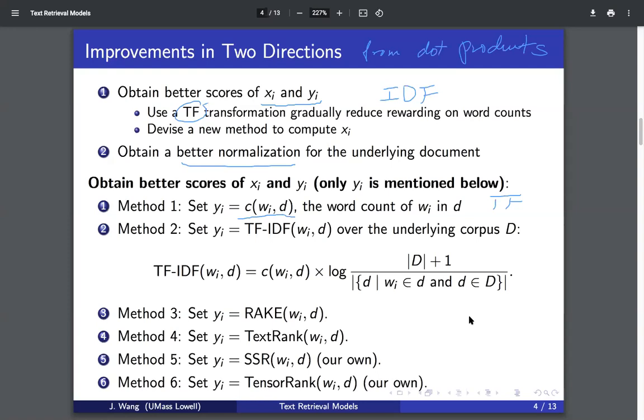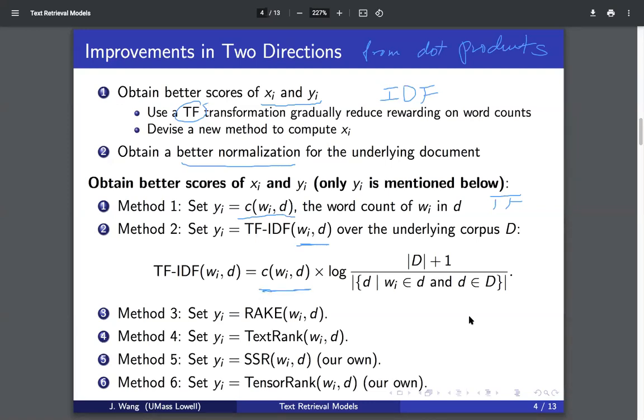Once again, I have a collection of documents. I have a word. I want to know a score for this W, I, and D: how am I going to measure similarity or importance to match these words? So which document matches better in the underlying corpus of documents. Obviously we do word count, the easiest thing to think of.